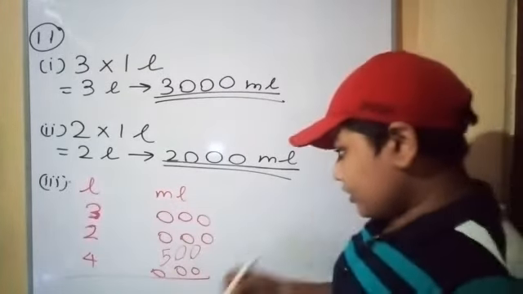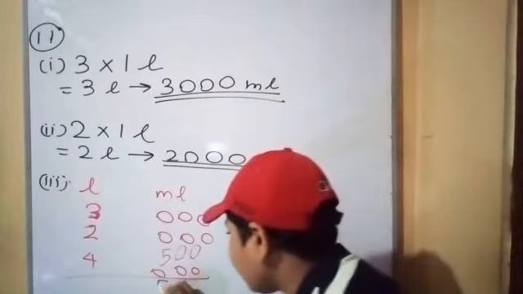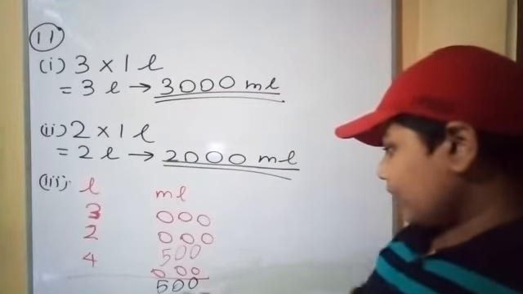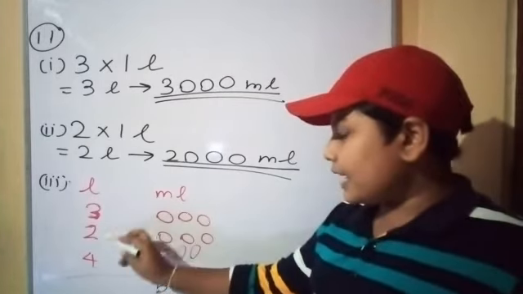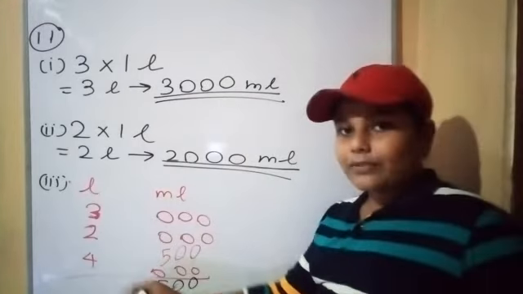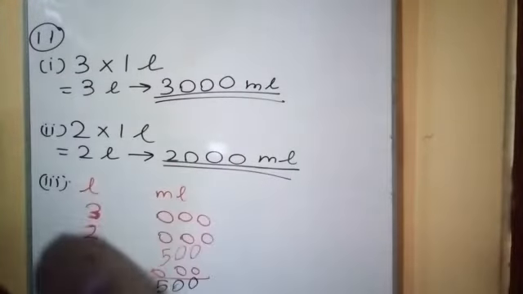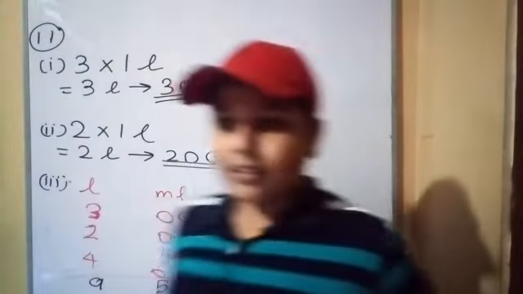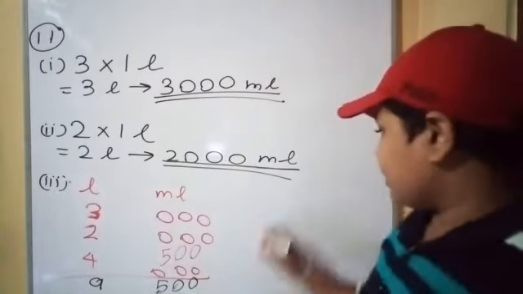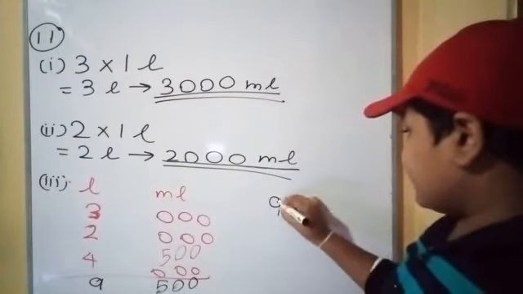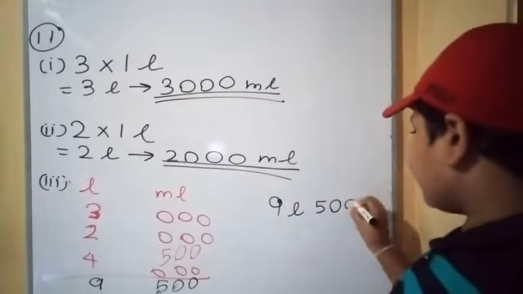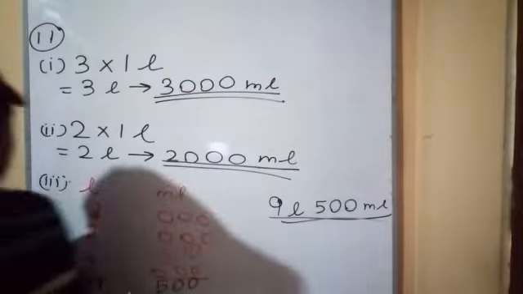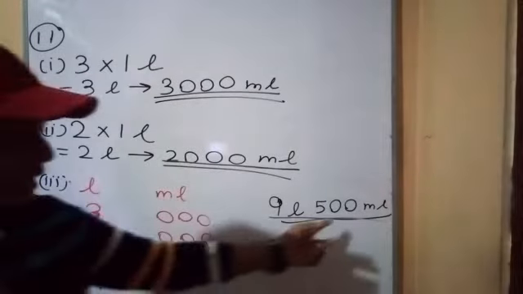Now you know there are only 5 liters, so you can write and add like this. 500, and 3 plus 2 is 5. 5 plus 4 is 9. So if you look, 9, 500. So you can write 9 liters 500 milliliters.